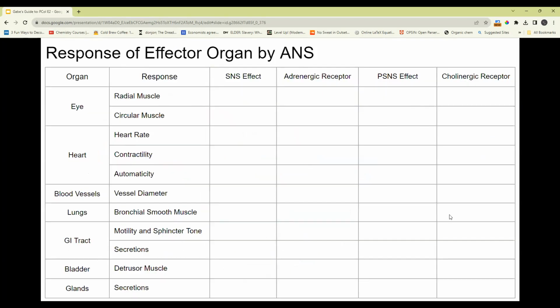Here's a table that you can use to categorize the effect of the sympathetic nervous system and the parasympathetic nervous system, and what different receptors we have going on. And as we go through the different drugs, we'll come back to this table and we'll fill in the information as we need to.